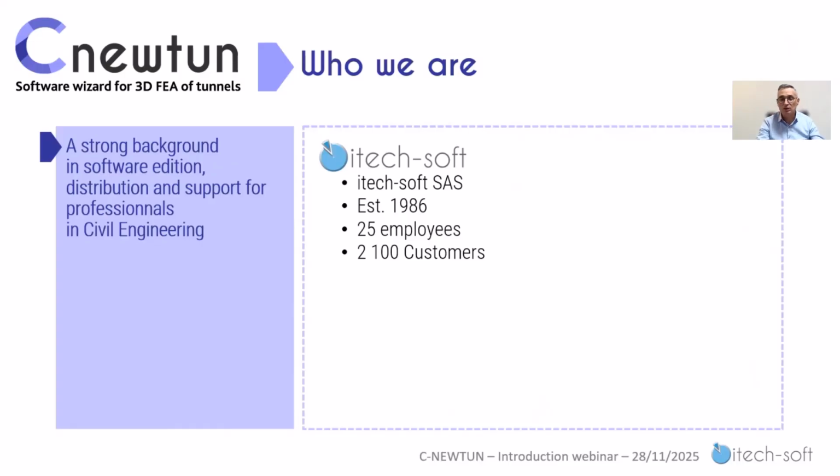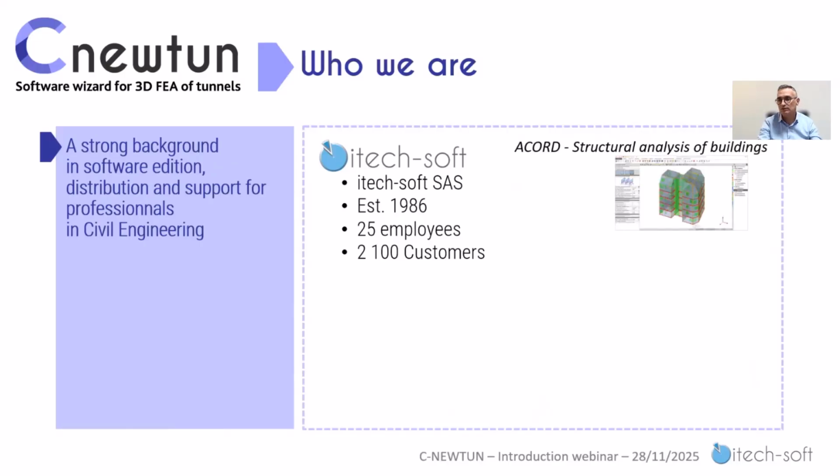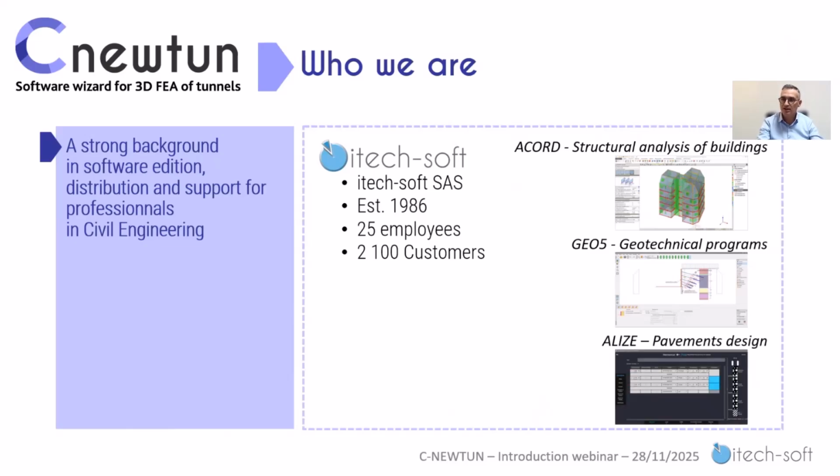And every day we are providing support and training to around 2,100 customers for all our software catalog, including Accor for structural analysis, and other products that we are distributing, like the program Geo5 for geotechnical analysis, and also Alizé for pavement design.